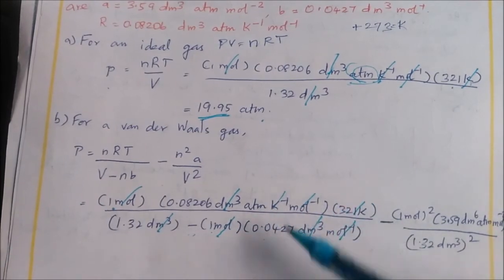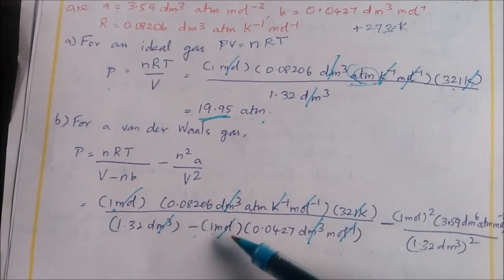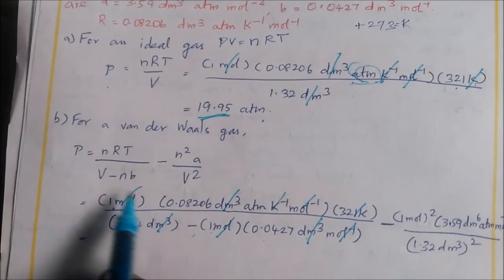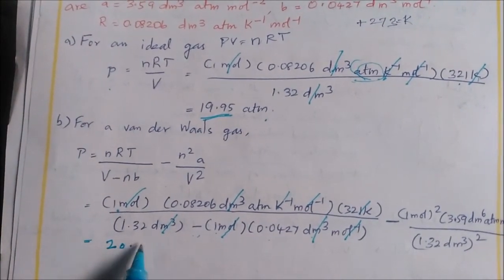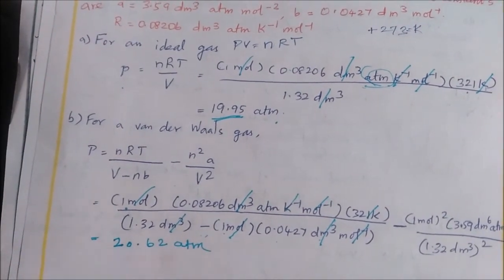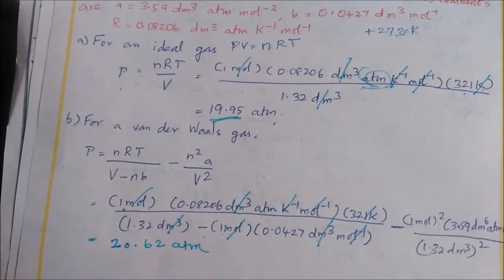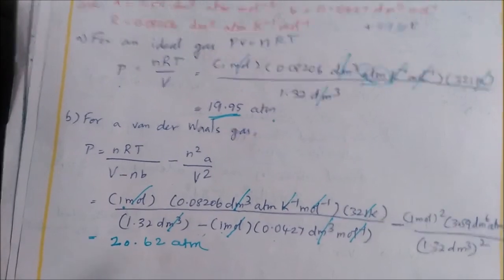So when we simplify and divide by the value, we will get the final value of this first part as around 20.62 atm. I will not say that accurately, we will get this value, around 20.62.